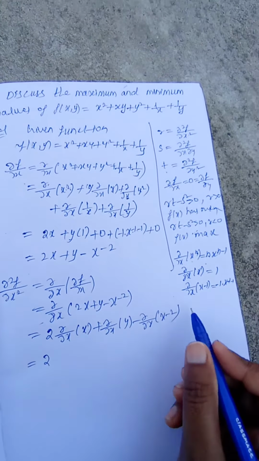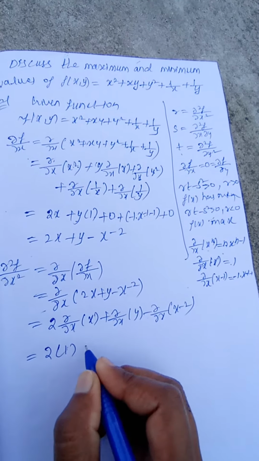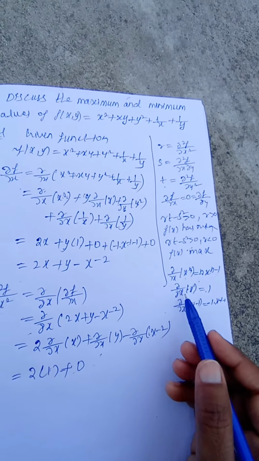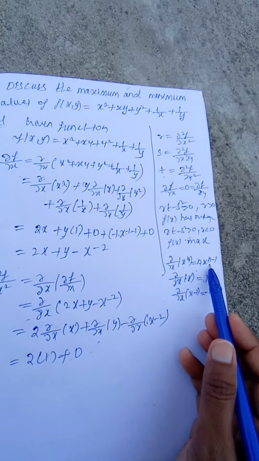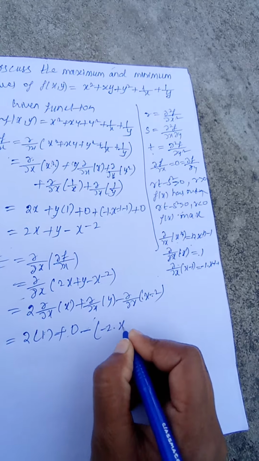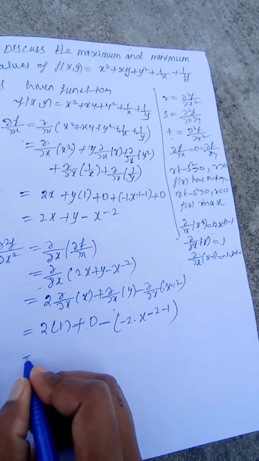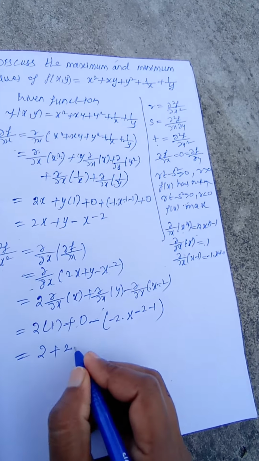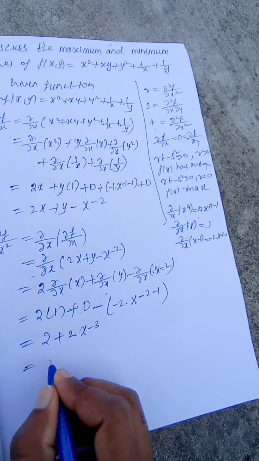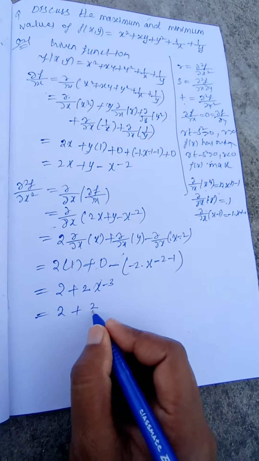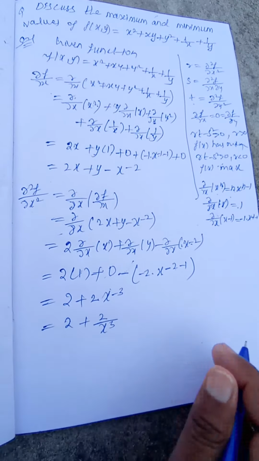So 2 into ∂/∂x of x is 1, so this is 2. With respect to x, y terms are 0, this is 0. Here apply the formula n xⁿ⁻¹, where n equal to minus 2. So minus 2 into x⁻²⁻¹, minus into minus plus, 2x⁻³. So r = 2 + 2x⁻³, and x⁻³ reciprocal is 1/x³.